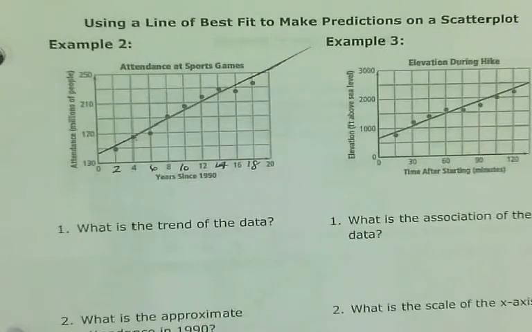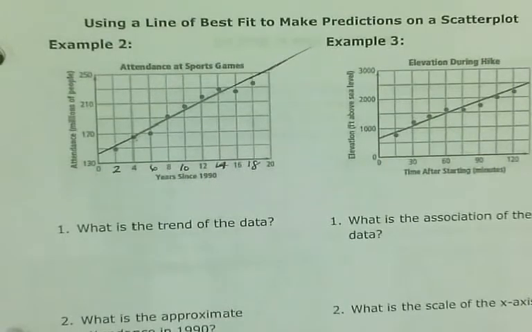Now the y-axis is what? Attendance. But what does it say with it? Million. So when it says 170, does it mean 170 people went to a game? No. 170 million people went to a game. That's a lot. Now, what is the y-axis counting by?